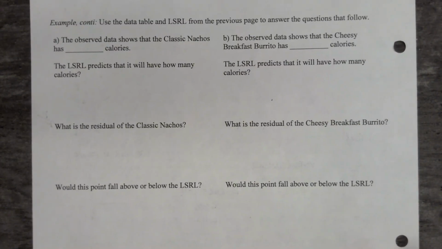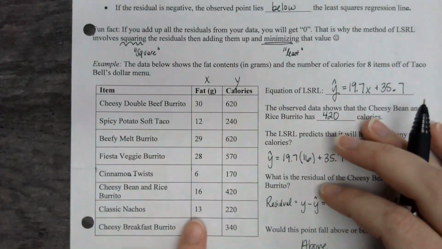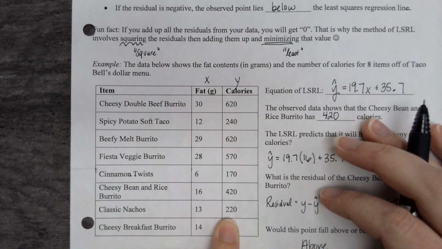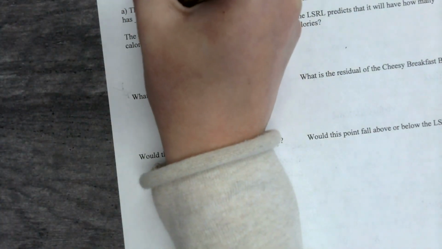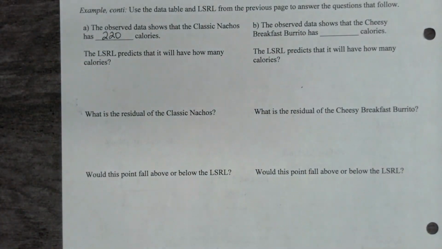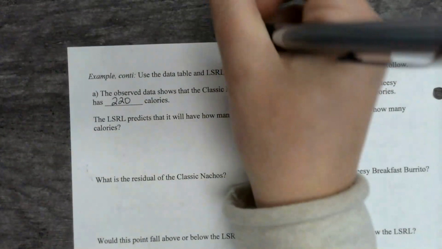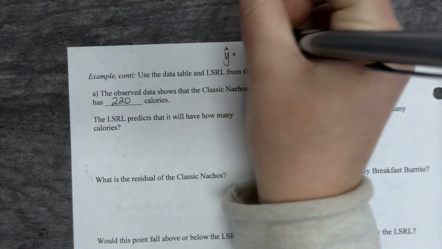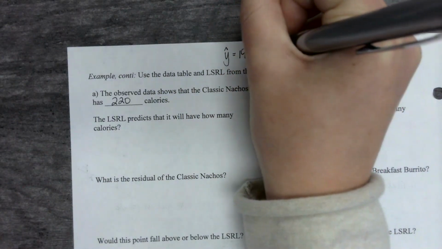All right, so the observed data shows that the classic nachos have how many calories? Looking at classic nachos, it is 220 calories. Now, we want to see what our least squares regression line predicts. And remember, y hat is equal to 19.7x plus 35.7.